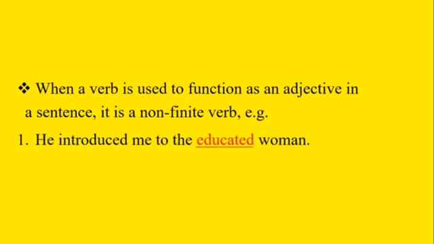It is used as an adjective qualifying the woman. Therefore, the educated here, used as an adjective, is referred to as a non-finite verb. He was a determined leader. Determine originally is a verb, but here it is being used to qualify the leader. So it functions here as an adjective and we call it a non-finite verb.